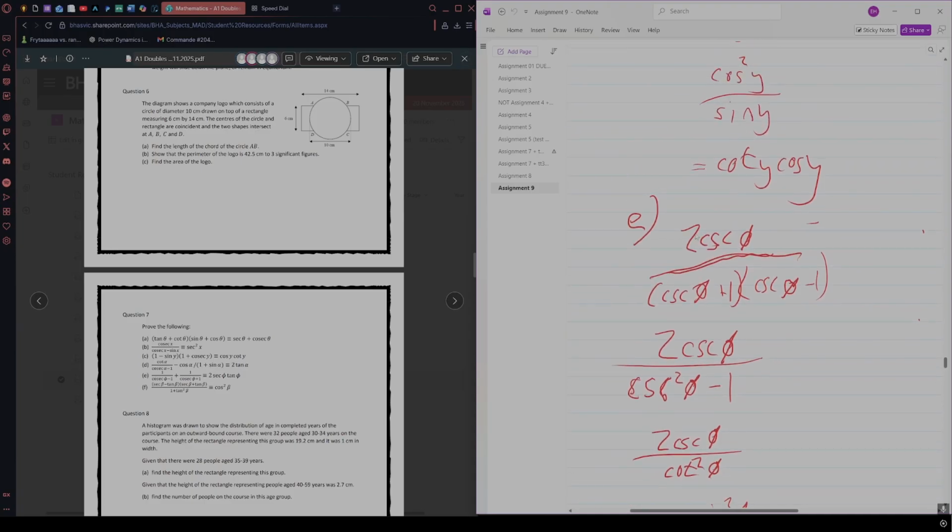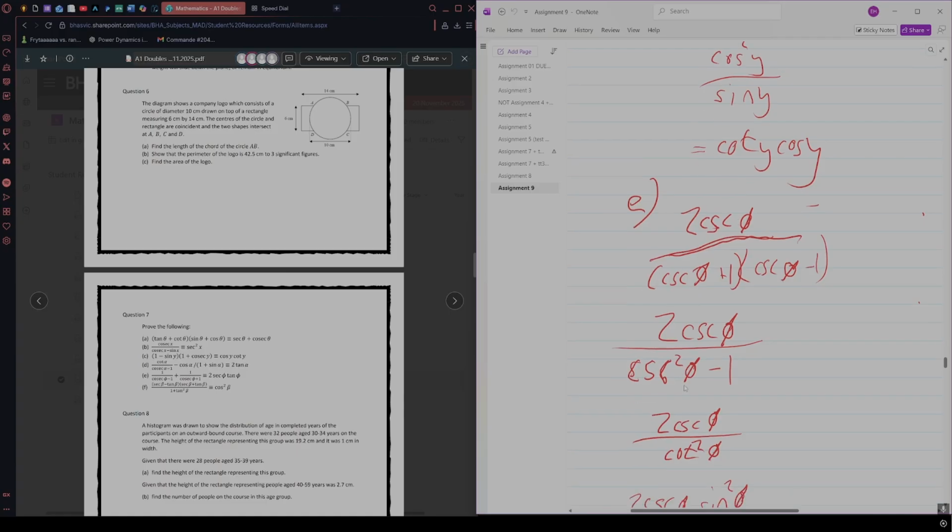Part E, I combine the fractions here. I think I skipped a few steps. When you multiply these fractions together, you have cosec plus 1 plus cosec minus 1, so the 1's cancel, you get 2 cosec over this, and then you expand.